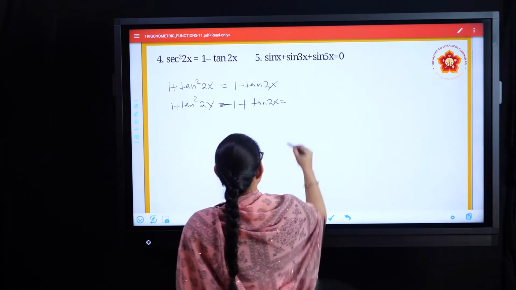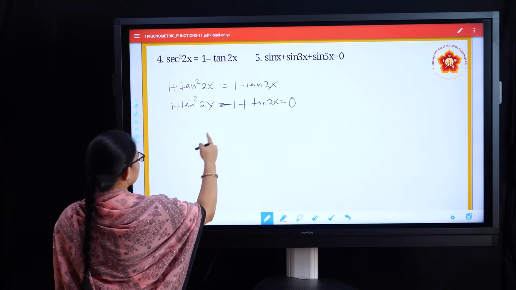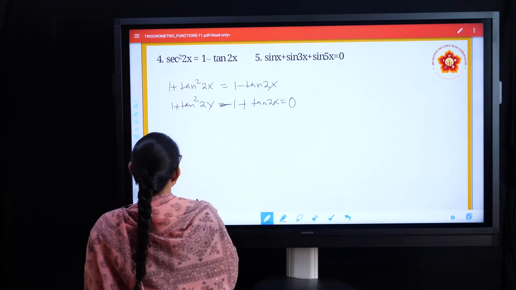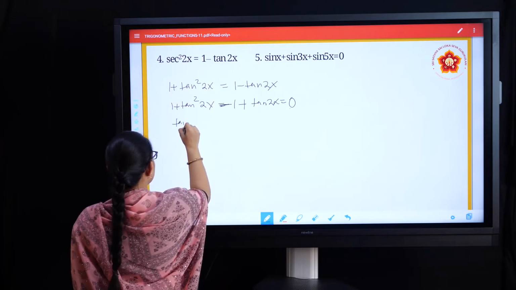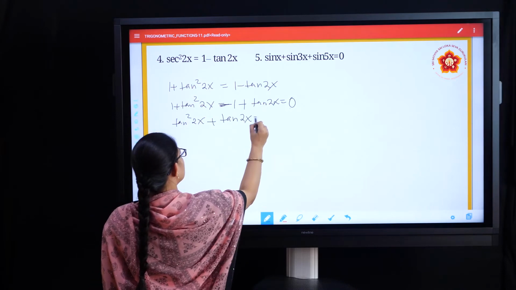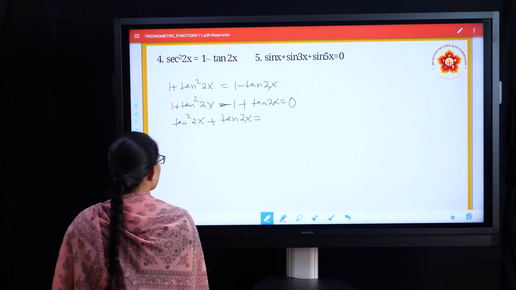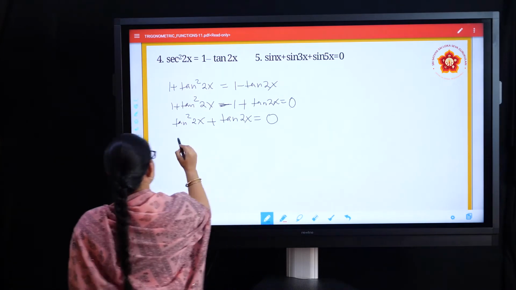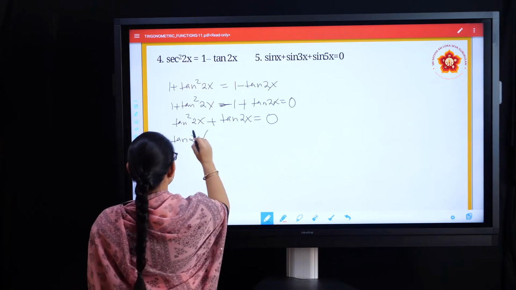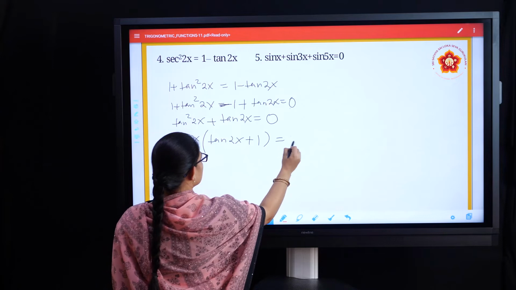Now 1 minus 1 is 0. So what is remaining? Tan square 2x plus tan 2x is equal to 0. Now tan 2x is common, let us take it out. So tan 2x into tan 2x plus 1, which is equal to 0.